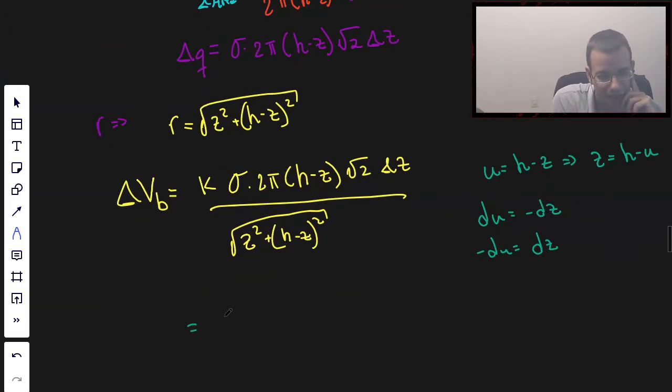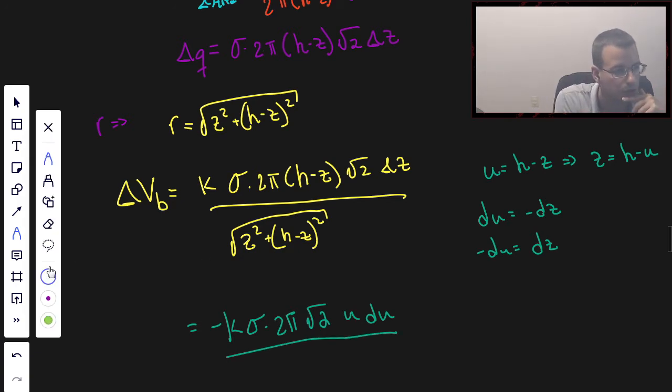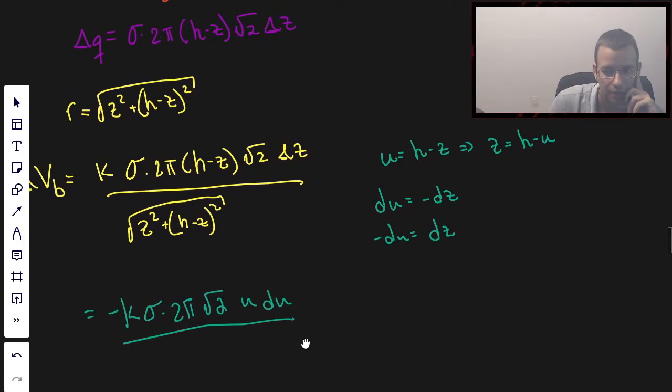So now we have k sigma 2 pi square root of 2 times h minus z, which is u. I'm going to put a minus sign over here because delta z is negative du. We're going to put this all over z squared.